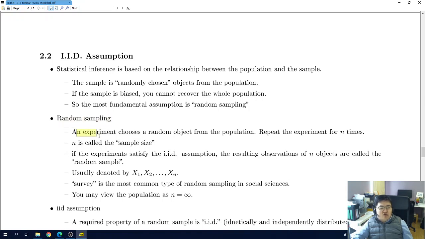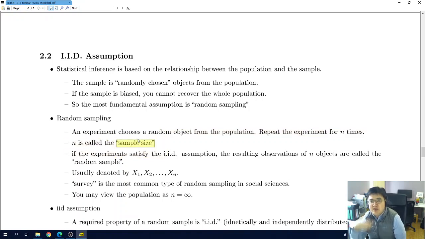So you repeat an experiment, which is choosing a random object from the population. Randomly choose one ball out of the box. The box is called the population. Choose one ball, observe the number on the ball, and repeat that. The number of repetitions is the sample size of the random sample.